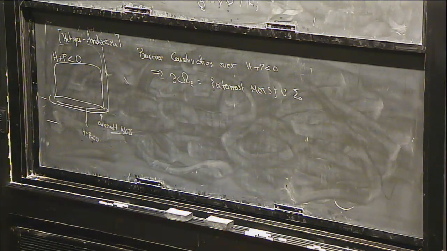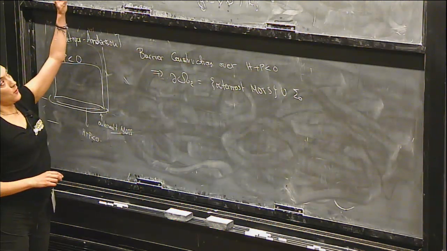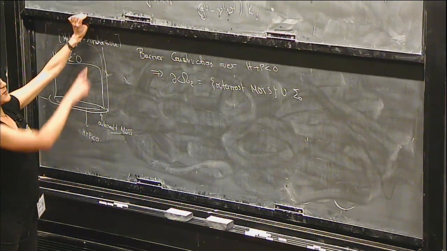So this now is already a way that we have located the outermost MOTS. This is the inner boundary of this epsilon solution.